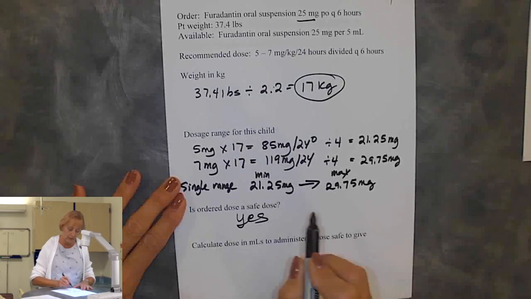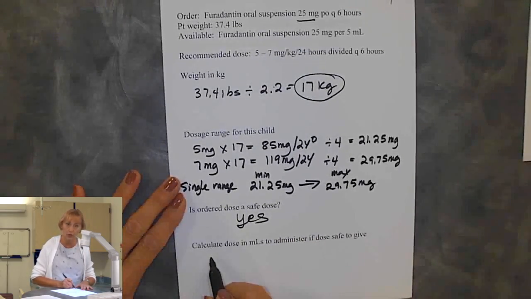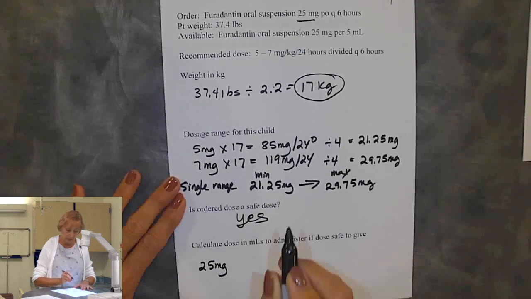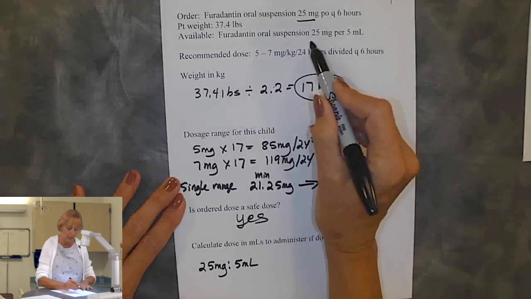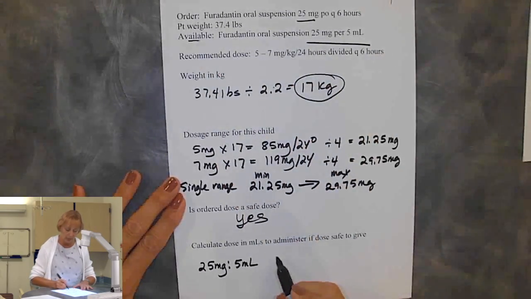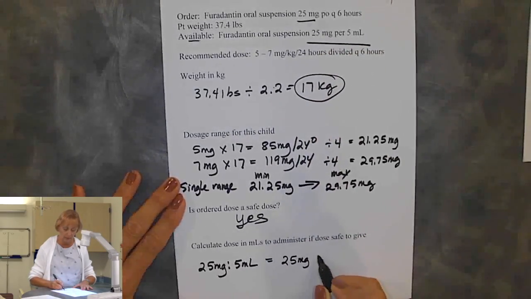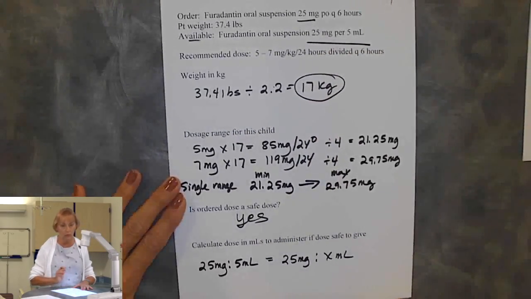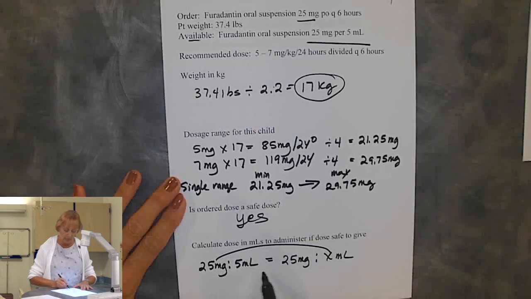So you have 2 choices to do. I'll do ratio and proportion first. So you have 25 milligrams is to 5 mLs, because that is what you have available, and that is equal to your dose, 25 milligrams is to X mLs. Now this one's a pretty easy one here, but if you do the math, so you do your extremes and then your means.